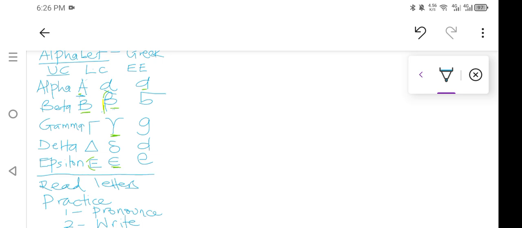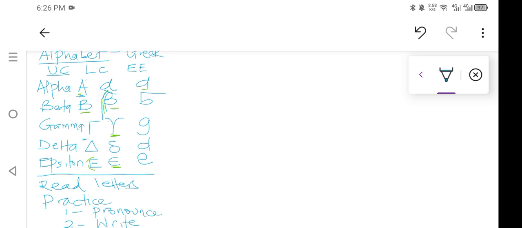Beta: the only difference is in the lowercase, the small letter, which is written still like the uppercase, the capital, but with a curve on top and a protruding tail at the bottom. You remember that. Gamma is slightly different. The uppercase is like you're trying to do a square, but you do only the top part and the left part, and you don't do the bottom and the right side.